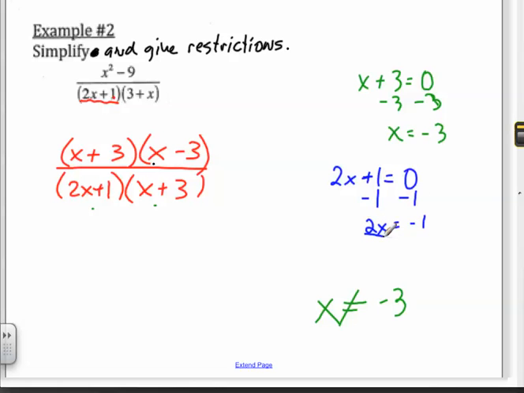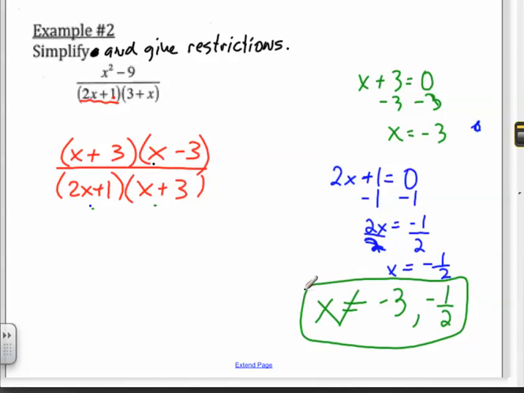When I divide by 2 on both sides, then I get x equals negative 1/2. So when x equals negative 1/2, that term equals 0. We can't have that. So there are two values that x cannot equal. So that's the restrictions. And I want to do that before I cancel it out.